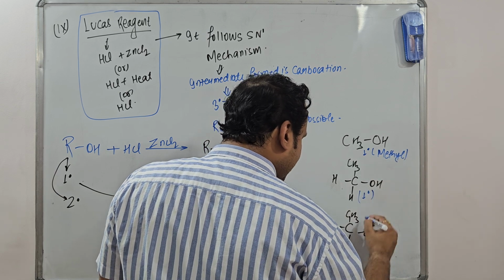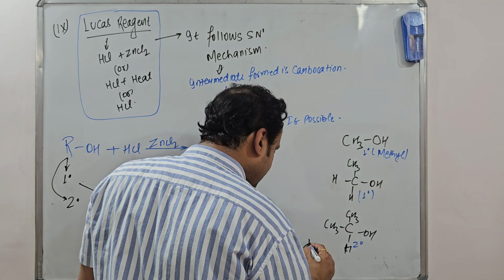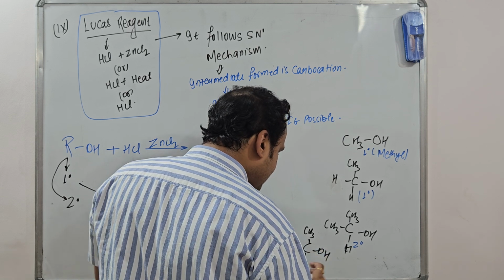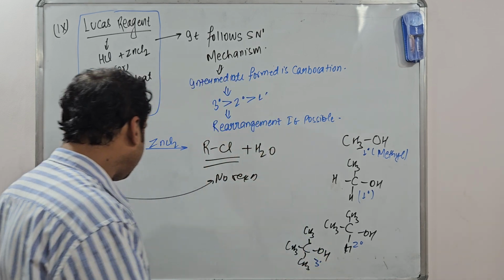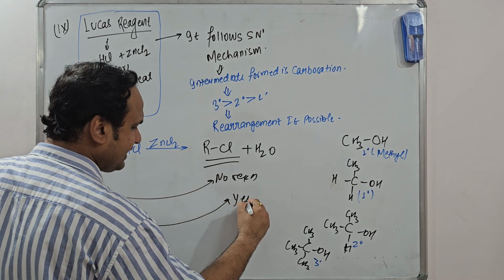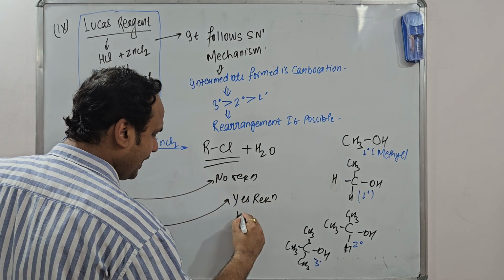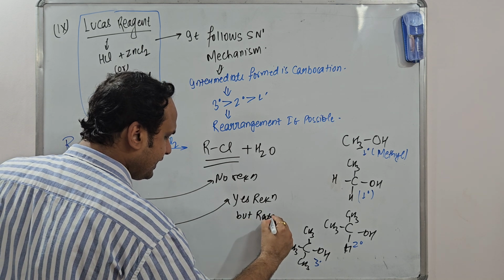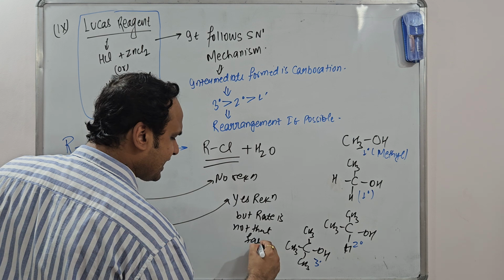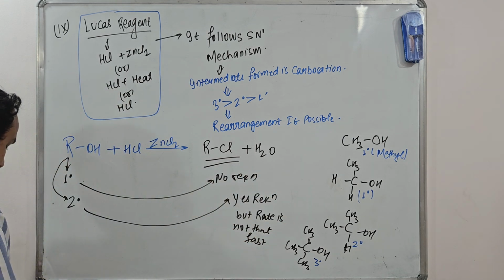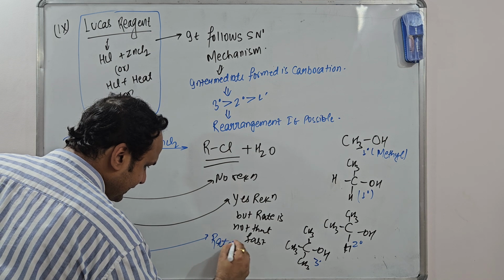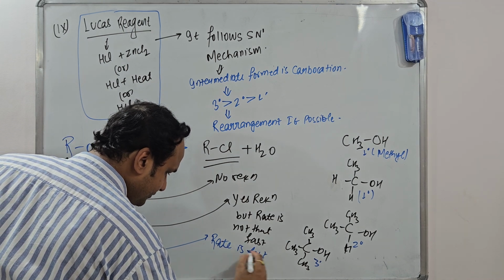This is 2 degree, and this is 3 degree. So it is saying that if it is 1 degree, no reaction. If it is 2 degree, yes, reaction happens, but the rate is not that fast. It means the reaction happens slowly. If it is 3 degree, then the rate is fast.